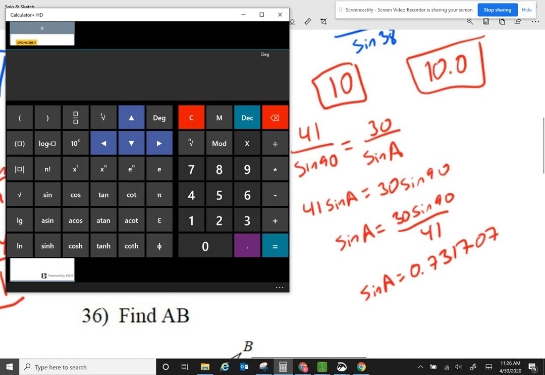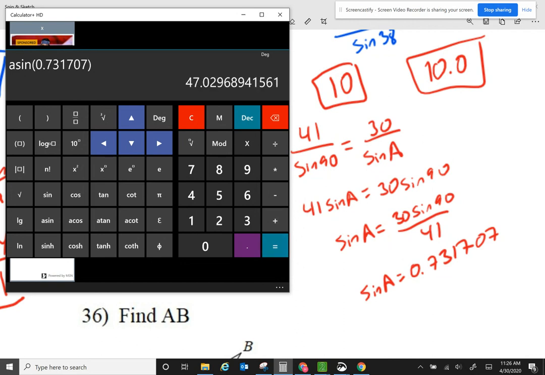Now I have to do arcsine or sine inverse. And so your calculator can even call it arcsine or can say sine to the -1. Arcsine of 0.731707 equals 47.02.